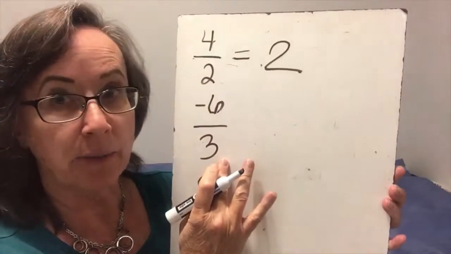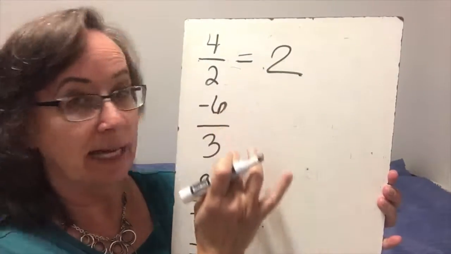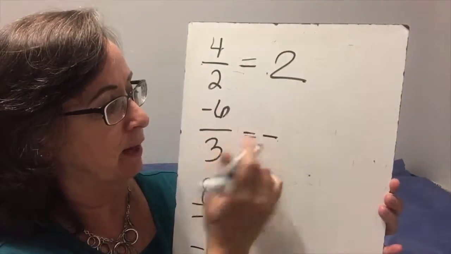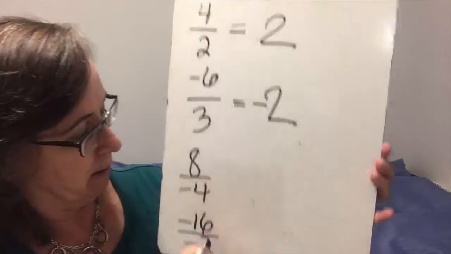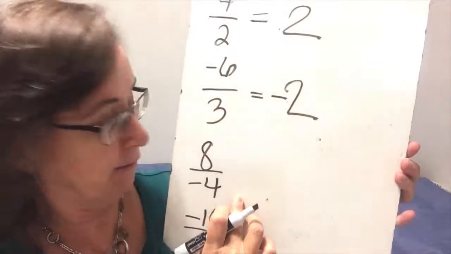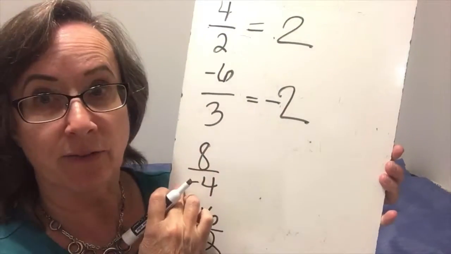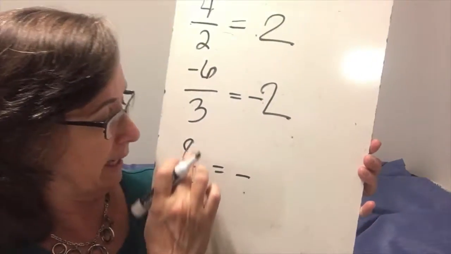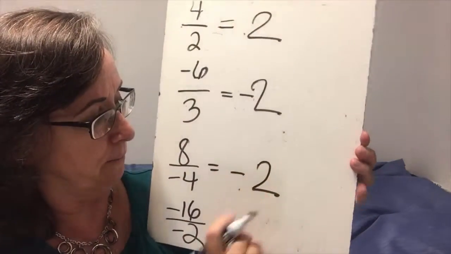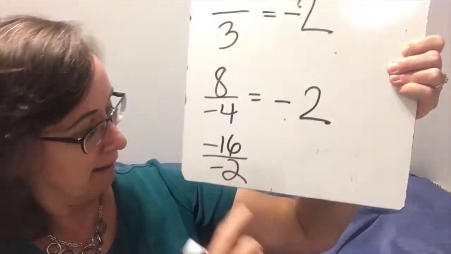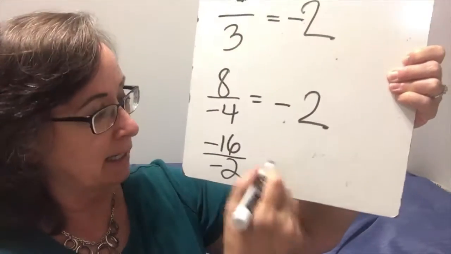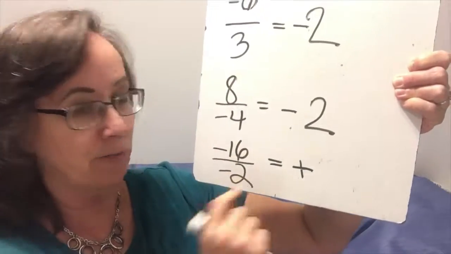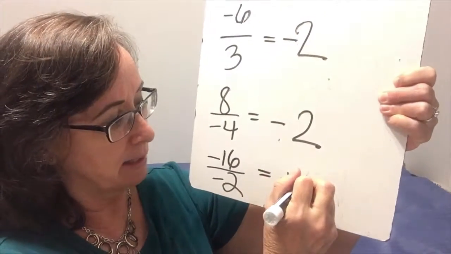Negative 6 divided by 3, since I have a negative and a positive, opposite signs, it's going to be a negative. 6 divided by 3 is 2. 8 divided by a negative 4, I've got a positive divided by a negative, so that's going to be a negative sign. Opposite signs are negative. 8 divided by 4 is 2. And lastly, negative divided by negative, same sign, we'll get a positive result. 16 divided by 2 is 8.